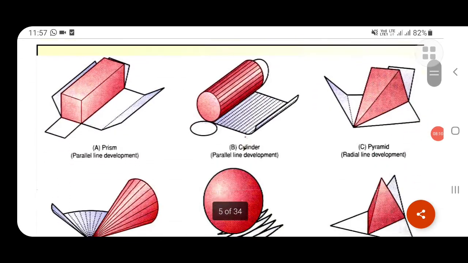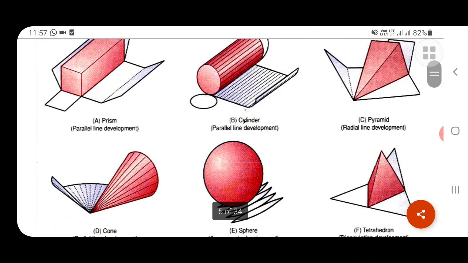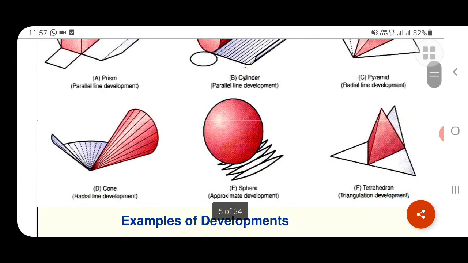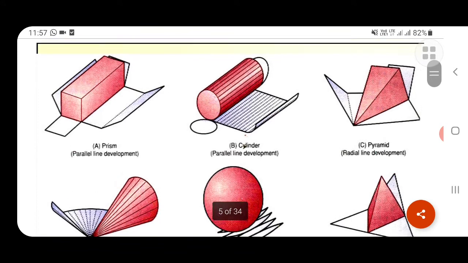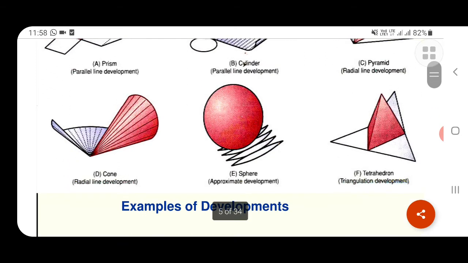So these are the examples studied in our syllabus: prism, cylinder, pyramid, then cone, tetrahedron and sphere. So one by one write down the names: prism, cylinder, pyramids, cone, sphere and tetrahedrons.